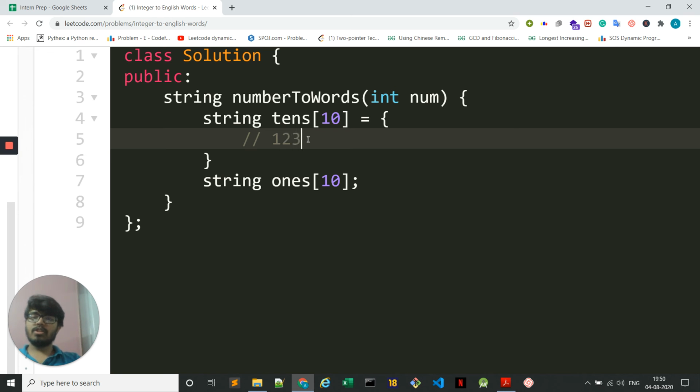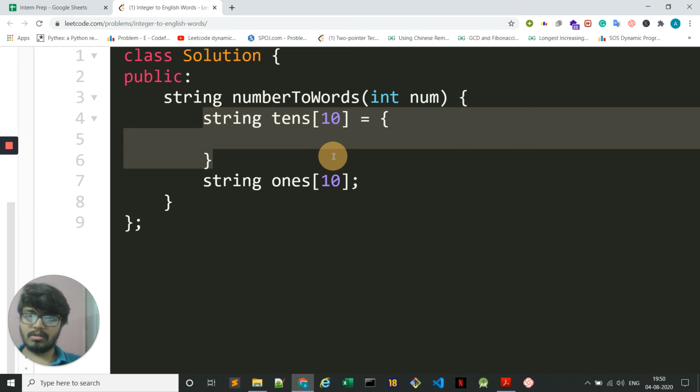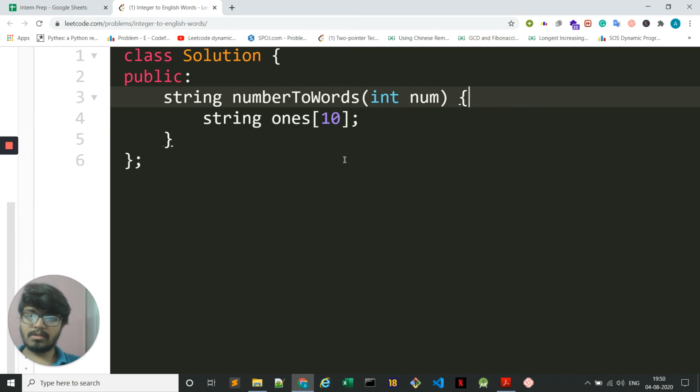If the starting two digits are 1, so if at the tens place we are having a 1, I think there is a lot of things that we need to write. So let us first focus on the starting two digits and get them correct. First of all, let me write out all the ones.